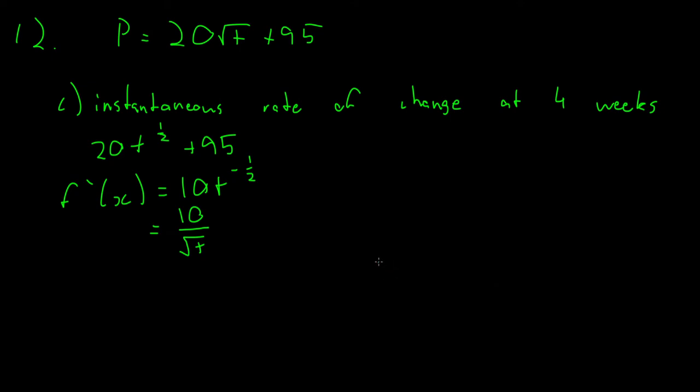So we've got that, and now after 4 weeks, we set t to 4. So we evaluate the derivative at 4, which equals 10 on root 4.